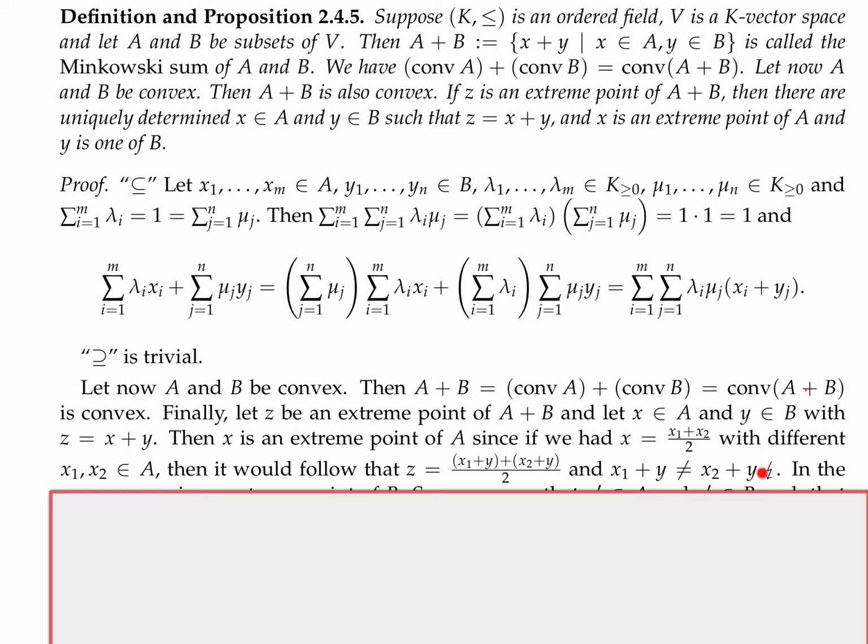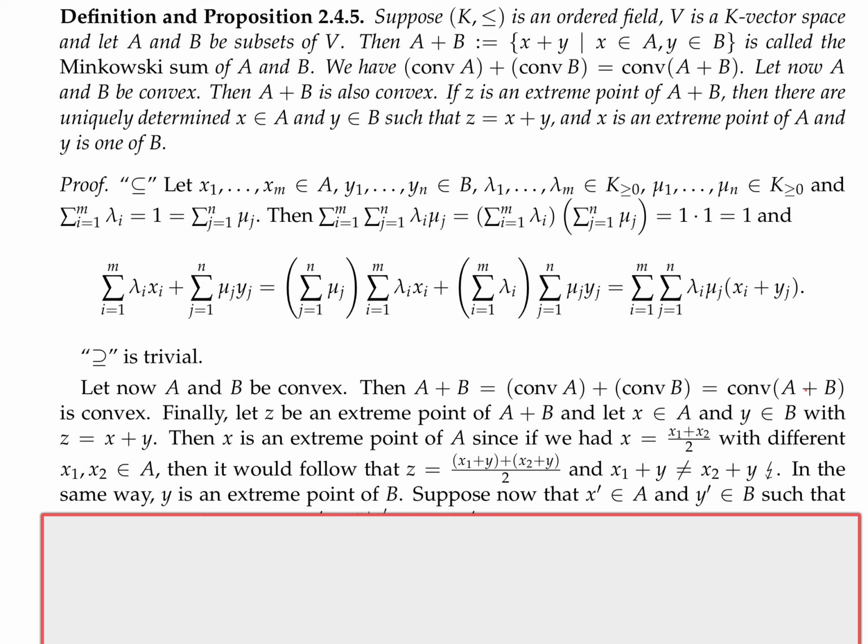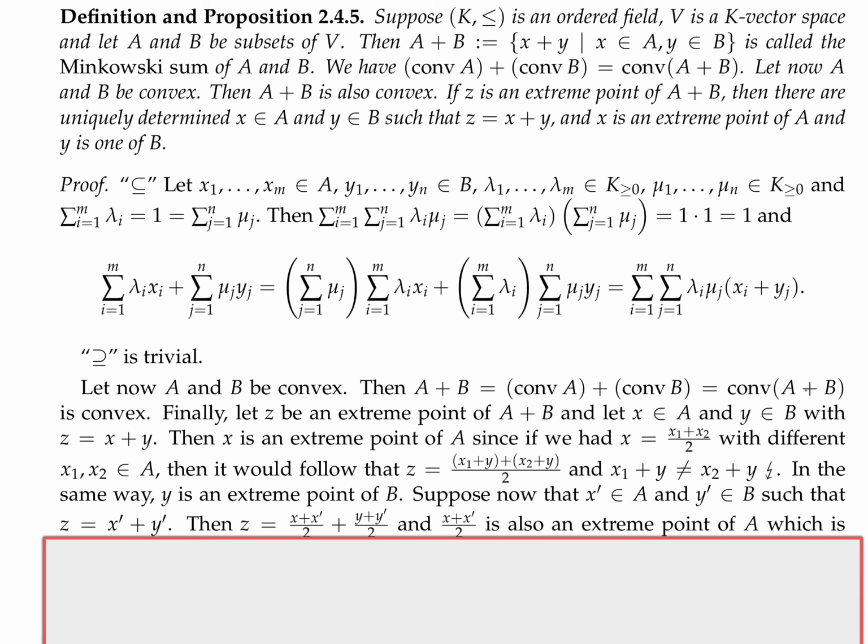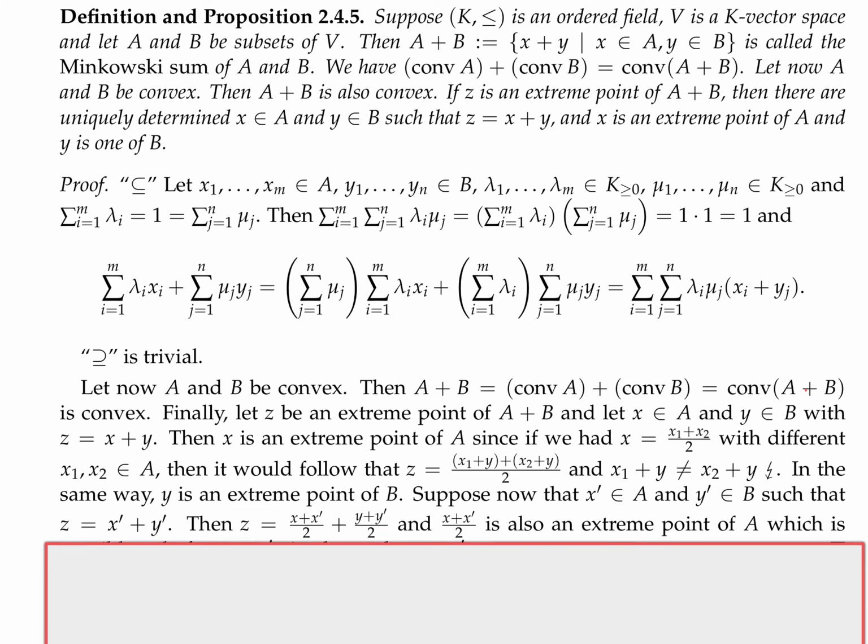So contradiction. So in the same way, of course, y is an extreme point of B. Suppose now that x prime is in A and y prime is in B such that z equals x prime plus y prime. So we want to show uniqueness. So we want to show that x prime equals x and y prime equals y.